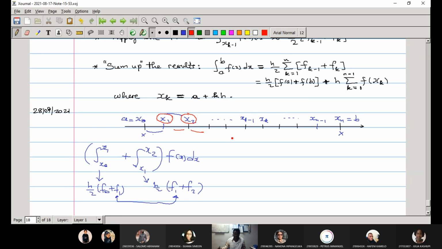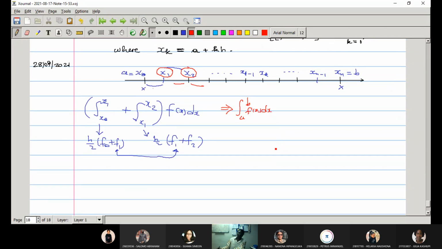That is why when we integrate from A to B using the composite rule, we will have h by 2, f(x0), which is A, f(xn), which is B, plus h by 2, right? The sum.